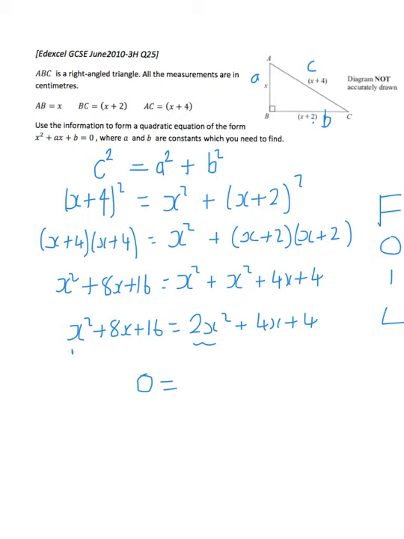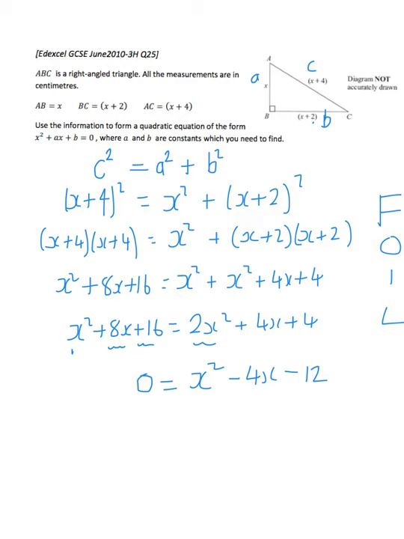So I'm going to subtract x squared from both sides. That leaves me with x squared. Then I'm going to subtract 8x from both sides, so I'll have minus 4x. Then I'm going to subtract 16 from both sides, so that will leave me with minus 12. And there we go, we've written our quadratic in the form of x squared plus ax plus b.